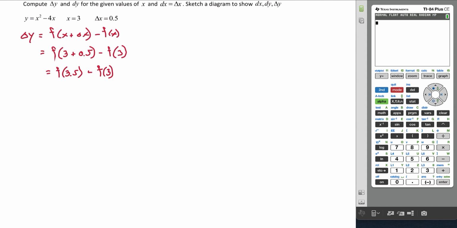F of 3.5, again plugging 3.5 into the f function, we get negative 1.75, and plugging in 3 we get negative 3. Negative 1.75 plus 3 is 1.25. So that is delta y.